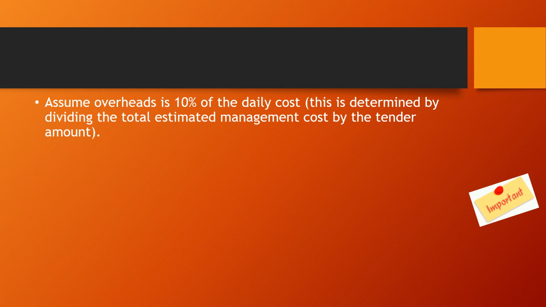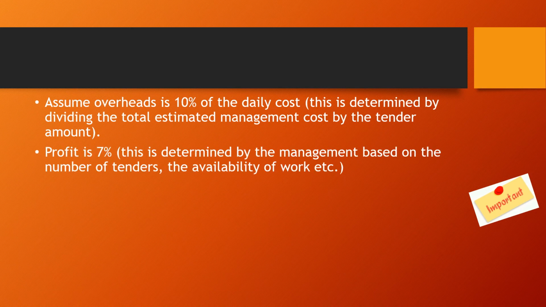So let's assume that for casting that foundation, 368 cubes, your overhead cost is about 10%. Let's assume that from this you're wanting a profit of 7% from this job. There's various ways of determining profit. You also look at availability of work.